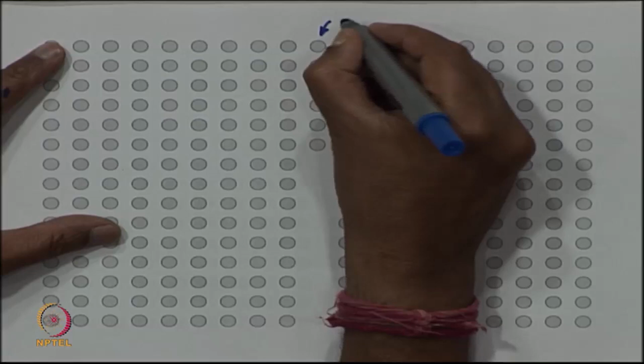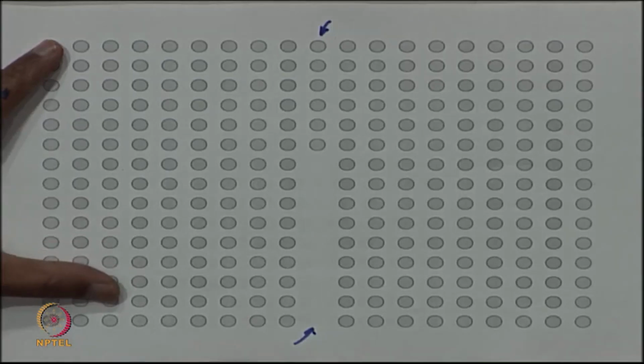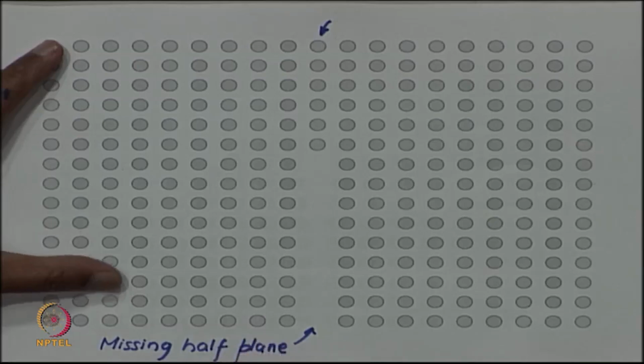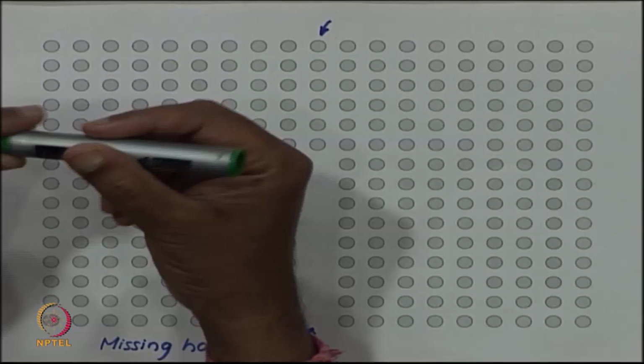So, you can think of this as the removal of a half plane. So, we can call it a missing half plane, or you can call it an extra half plane.